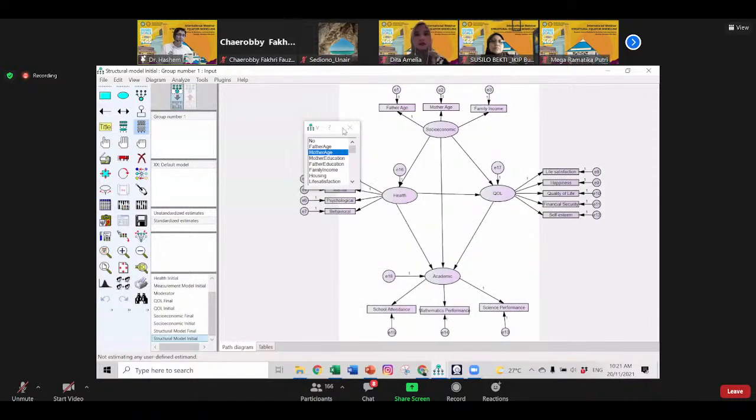As you can see, so clear. Socioeconomy is the independent, academic performance is the dependent, and quality of life and health mediate. So when we run the data, you can see the results here, right?